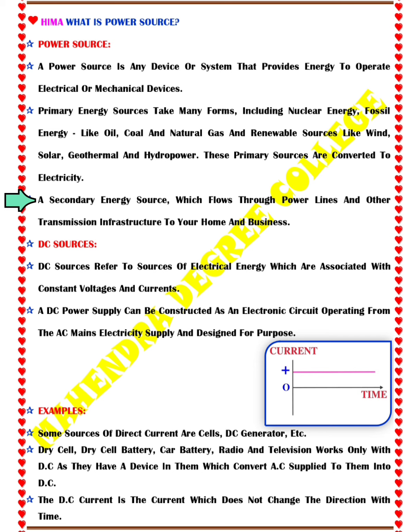In simpler terms, a primary source means found in nature, like coal, solar, and wind.